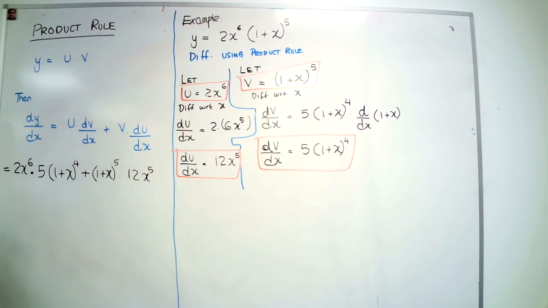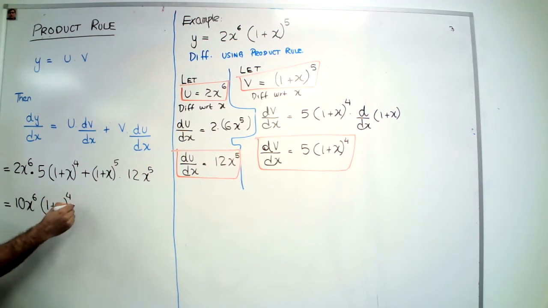Okay. Let's see how much we can simplify. 2x to the power 6, this 2 and this 5, I can multiply. So that becomes 10x to the power 6, times 1 plus x to the 4, plus this 12x to the power 5.